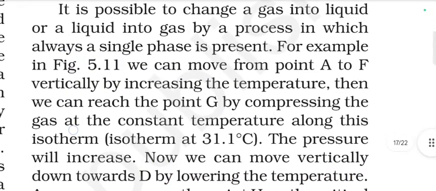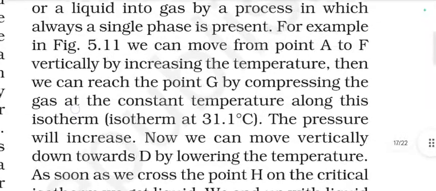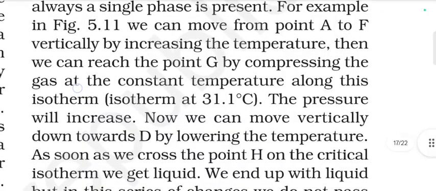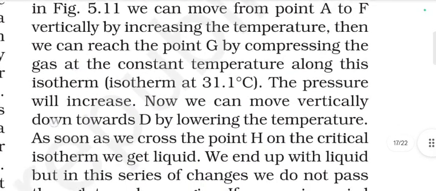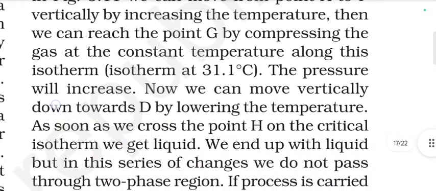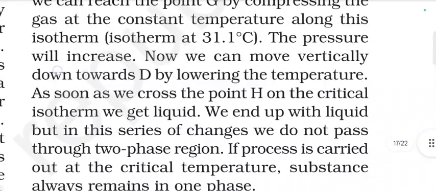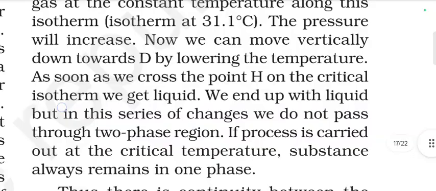It is possible to change a gas into liquid or a liquid into gas by a process in which always a single phase is present. For example, in figure 5.11, we can move from point A to F vertically by increasing the temperature. Then we can reach the point G by compressing the gas at constant temperature along this isotherm at 31.1 degrees Celsius.